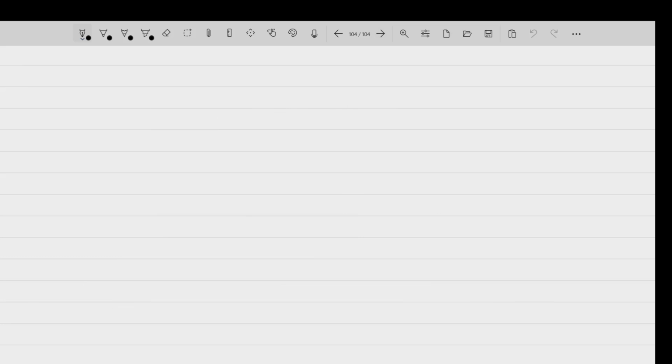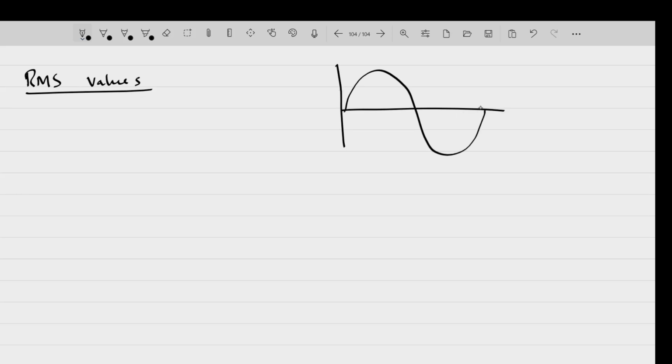Okay, fine. So now we'll be discussing RMS values. We know that our voltage waveform is sinusoidal in nature, our current waveform is sinusoidal in nature. It has equal positive and negative halves.